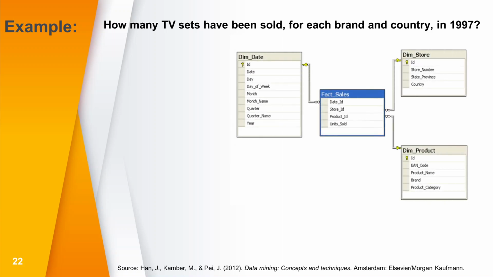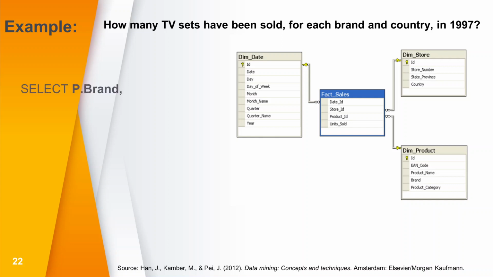Okay, so this is our sample diagram. We have our fact sales, the same example I provided in the previous diagram, and we have three dimension tables here. Let's see the equivalent SQL code that will allow us to solve that particular given problem.